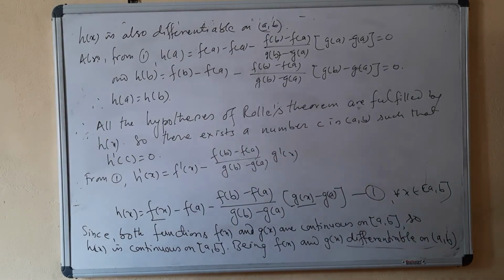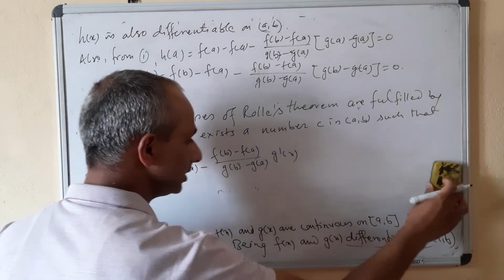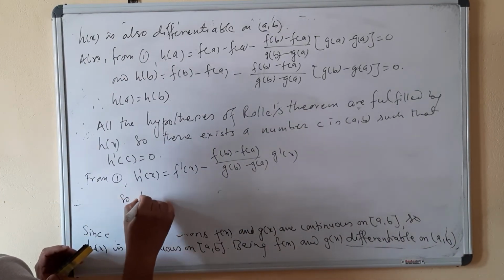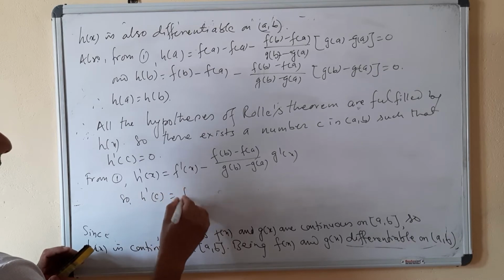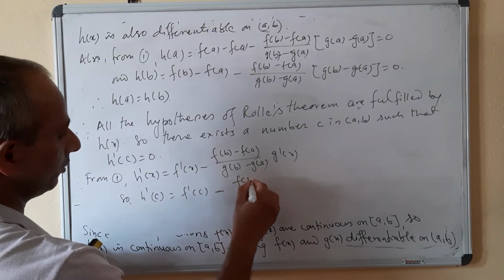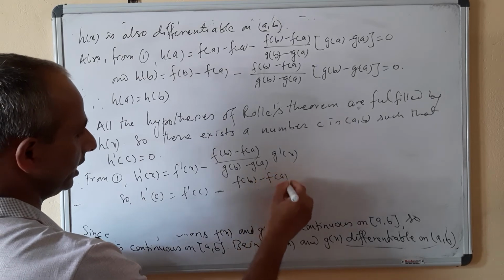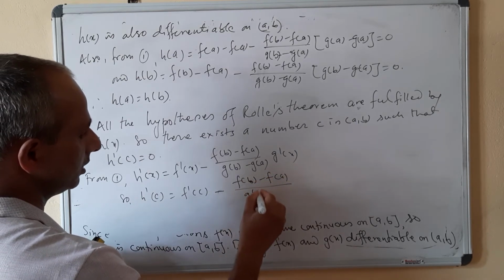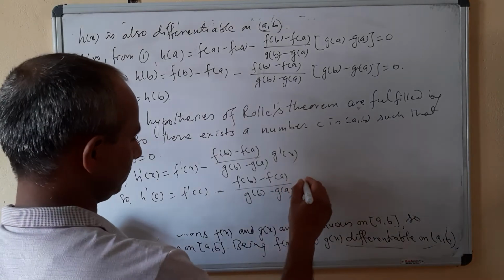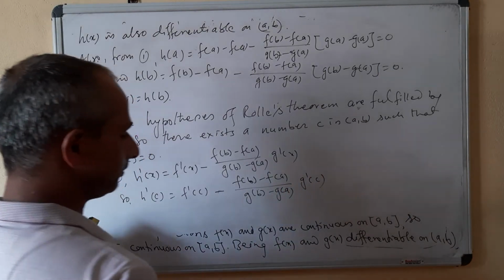So what will be h'(c) then? Let's see. h'(c) equals f'(c) minus (f(b) minus f(a)) divided by (g(b) minus g(a)) times g'(c).